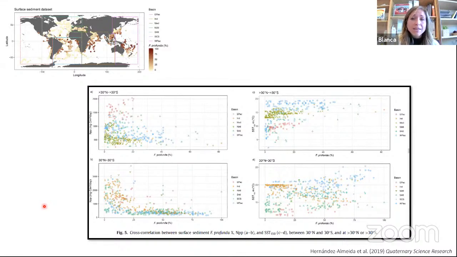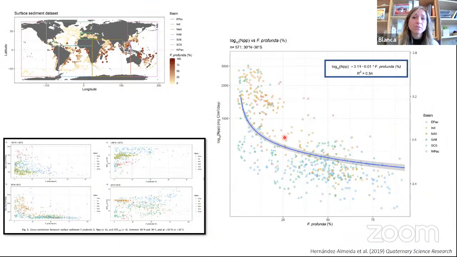But more importantly, their correlation with Florisphaera profunda reveals different trends depending on the latitudinal band. Our results show that Florisphaera profunda is highly correlated with net primary productivity between 30 degrees north and 30 degrees south, while at higher latitudes it shows a higher relationship with temperature.